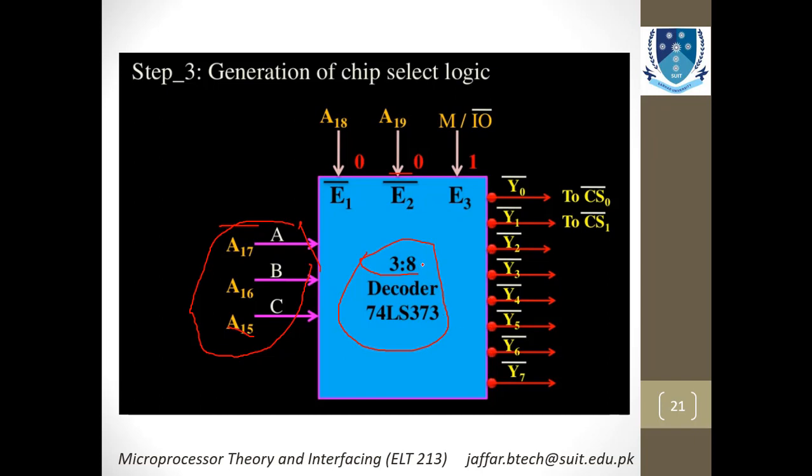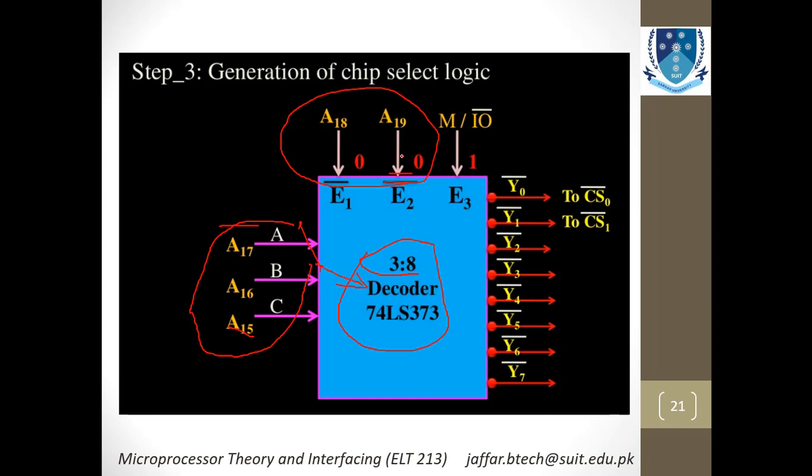Because this is a 3 cross 8 decoder, the last two, A18 and A19, will be used for the chip selection logic, and these 3 will be taken by the decoder, because it is used for the decoding purposes.